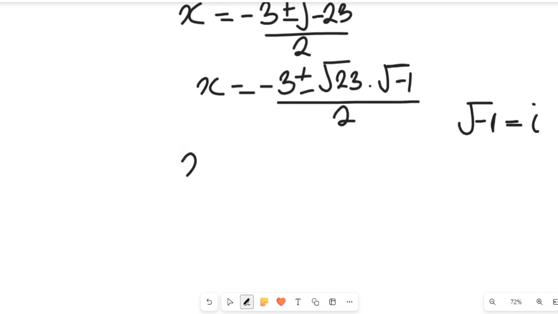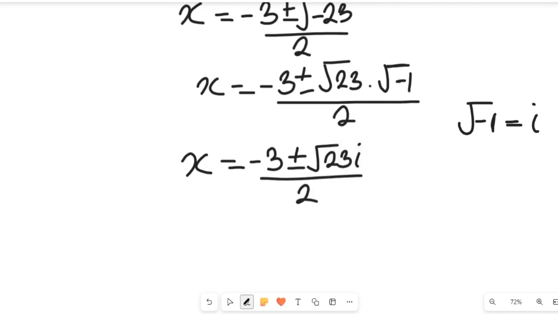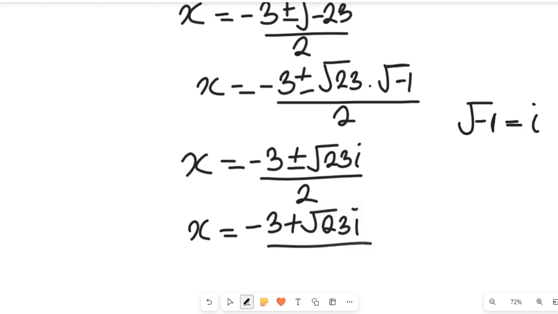So we are going to have x equal to negative 3 plus or minus the square root of 23 i, divided by 2, right? So our x is going to give us two values: negative 3 plus the square root of 23 i, divided by 2, and negative 3 minus the square root of 23 i, divided by 2.